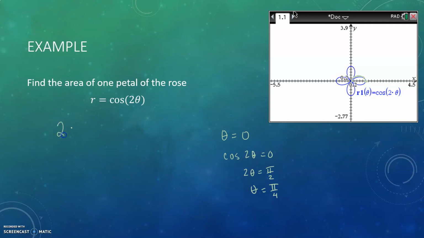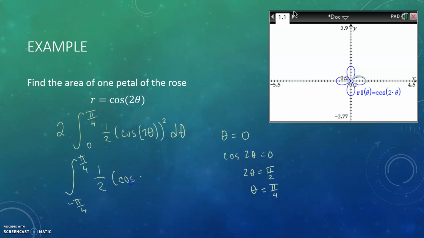So we could do 2 times the integral from 0 to pi over 4 of 1/2 times cosine of 2 theta squared. That would give us 1 petal. Or if we want to get the whole petal, we could do from negative pi over 4 to pi over 4, and then we wouldn't have to double it.